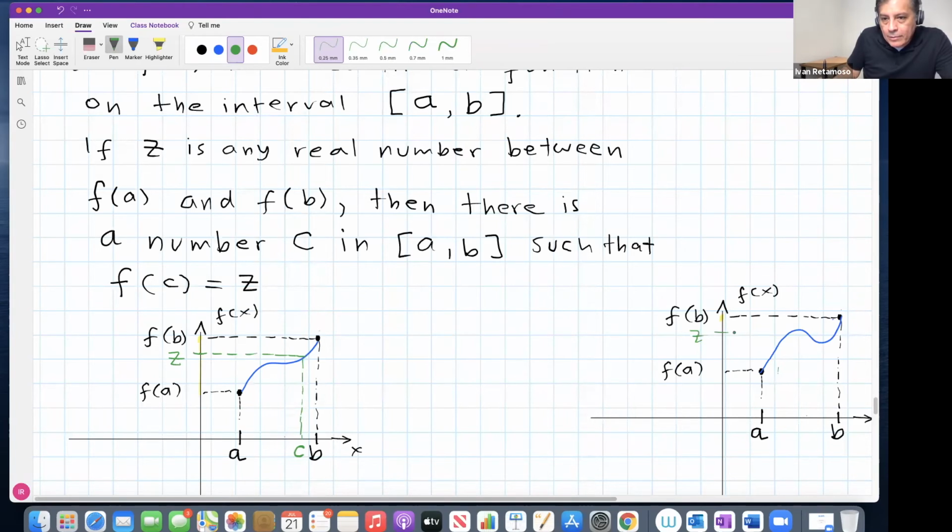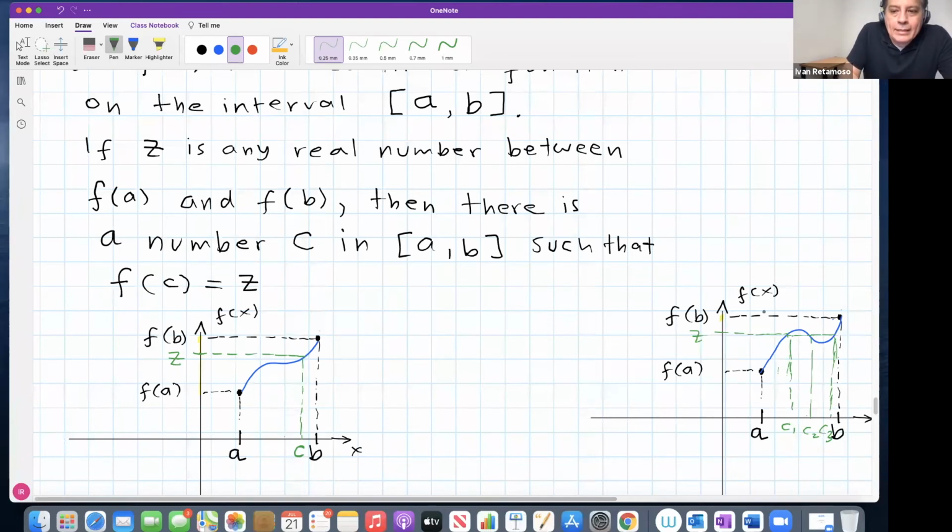The function is continuous. If you go back to the function, you will hit it more than once, 1, 2, 3 times. So there will be 3 c values, let's say c1, c2, c3. But what is important is that at least one value can be found. So that's the important thing.